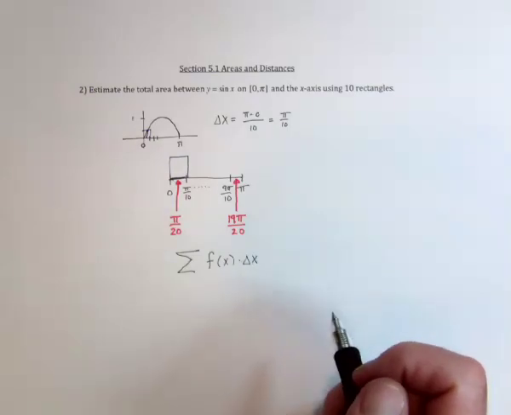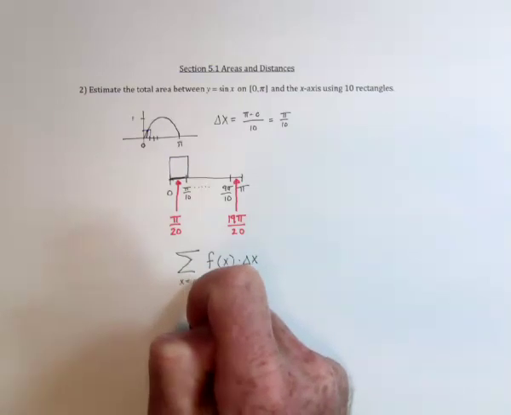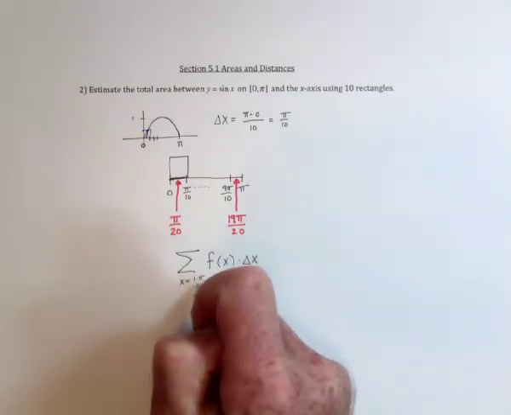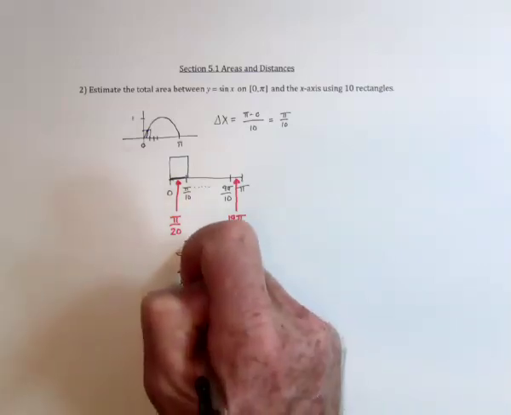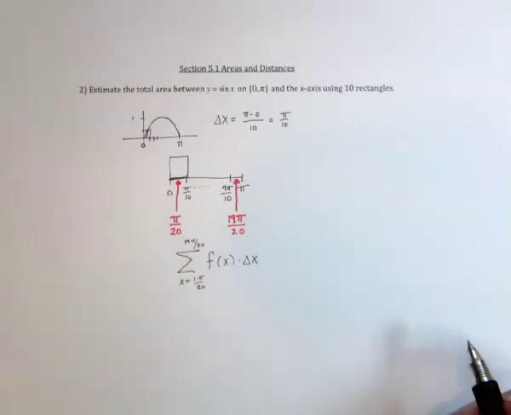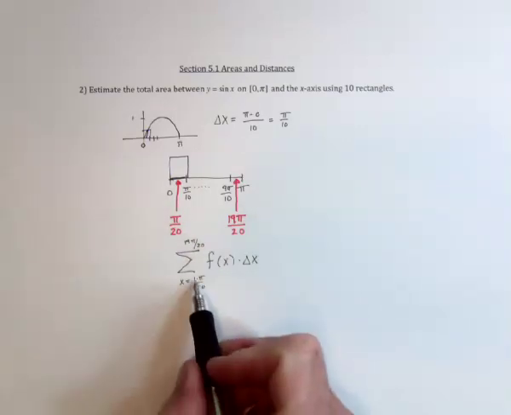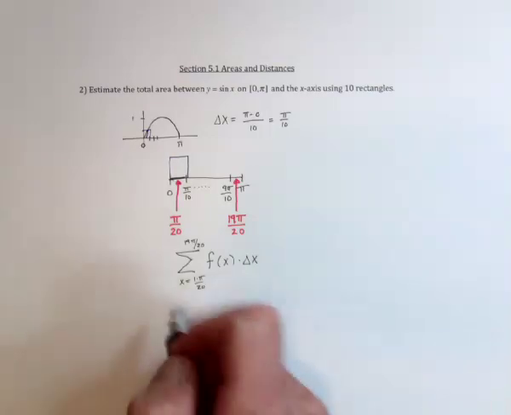And then this x is going to have to start at 1 pi over 20ths, and at 19 pi over 20ths would be the ending, and these would have to be odd numbers. Well, we can also have the calculator do it.